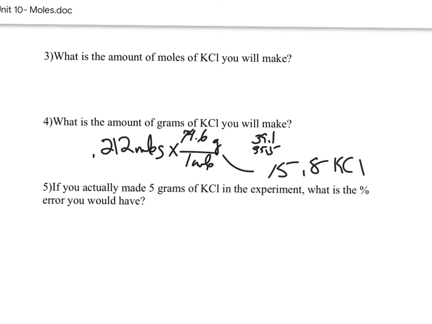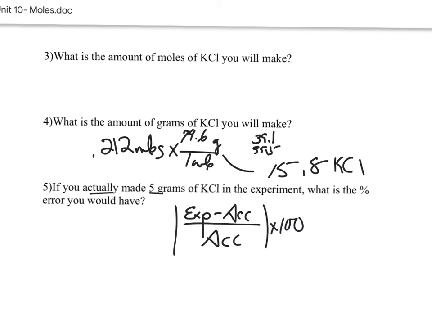Now we get down here to the formula. It says what would your error be? Well, remember we go experimental minus accepted divided by accepted, absolute value times 100. Well, the experiment, you actually got 5 grams in the experiment, okay? So the experimental, that's right there.